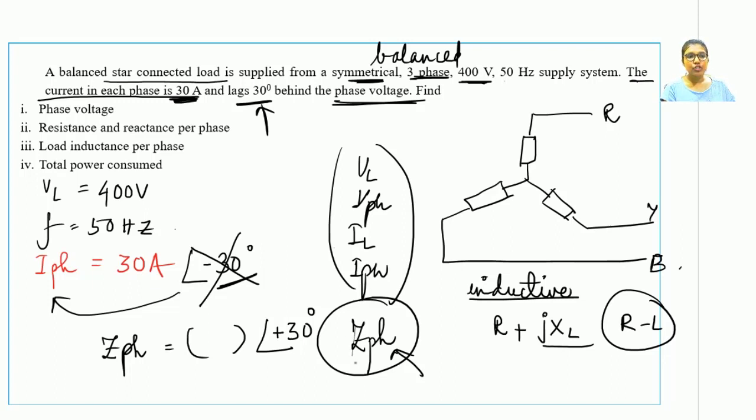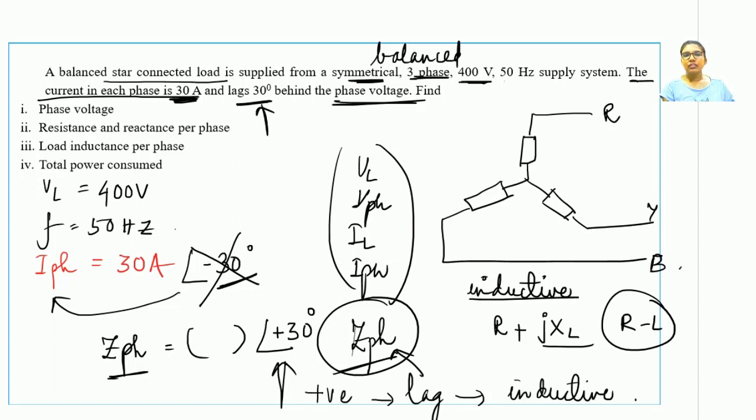Rather, one should make sure how to associate this angle value with the Z phase. So since this is a lagging type, what can one infer? That whatever will be the value of the phase impedance, it will carry a positive 30 degrees. Why is it positive? Because the angle positive with Z phase means it is a lagging type, or in other words, the circuit is inductive in nature. So this was the thing which was different in this question.